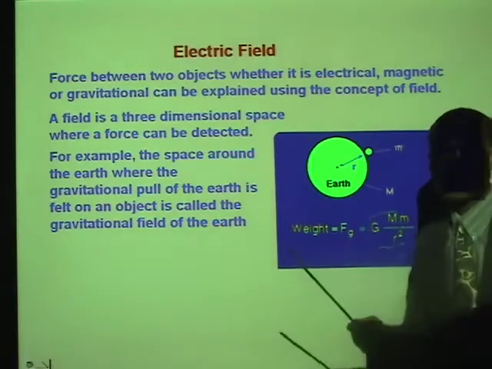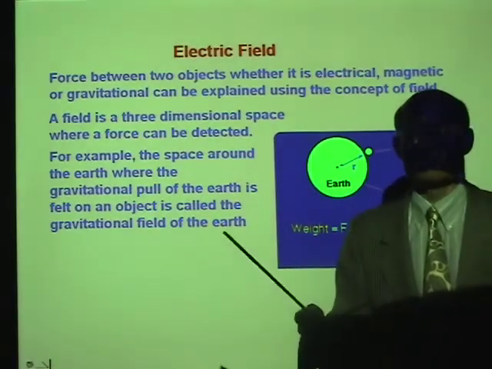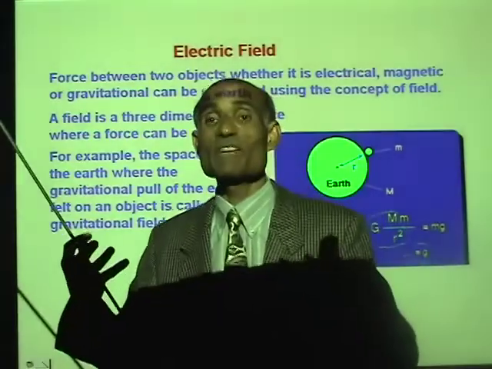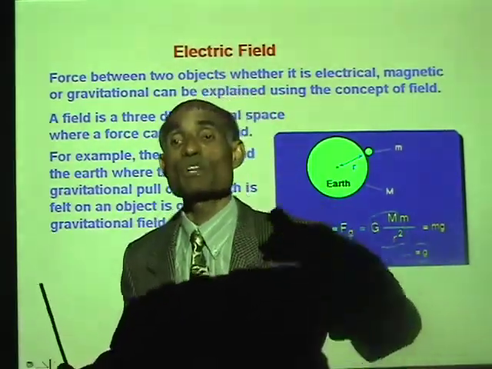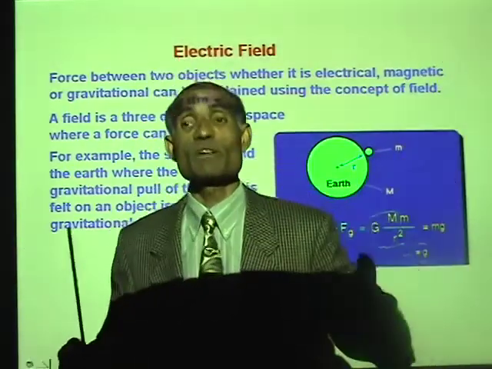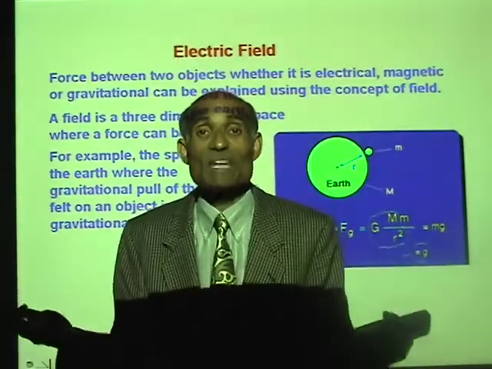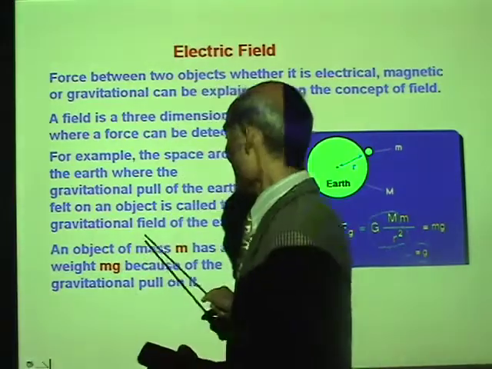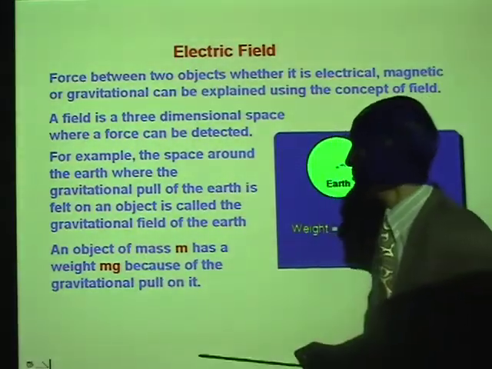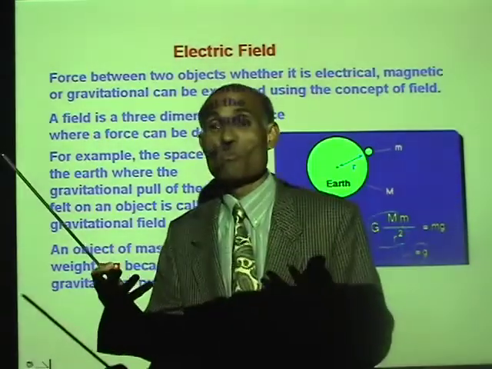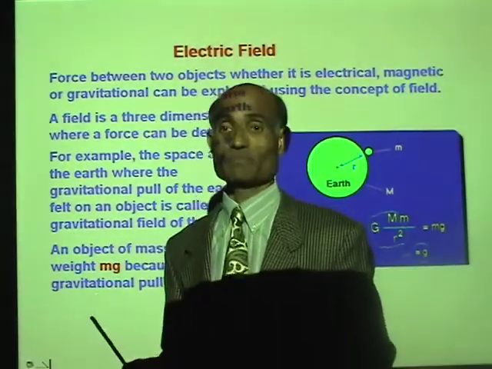So an object has weight because it is placed in the gravitational field of the Earth. If you take an object away from the gravitational field, it will cease to have any weight. An object of mass m has a weight mg because of the pull of gravity on it.